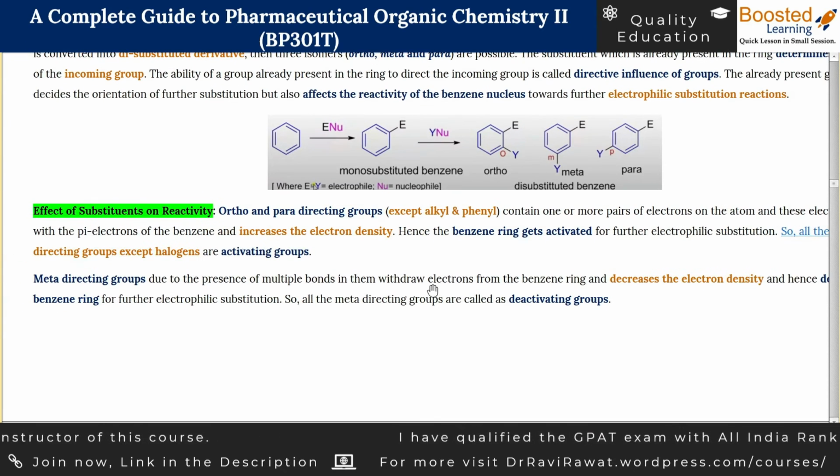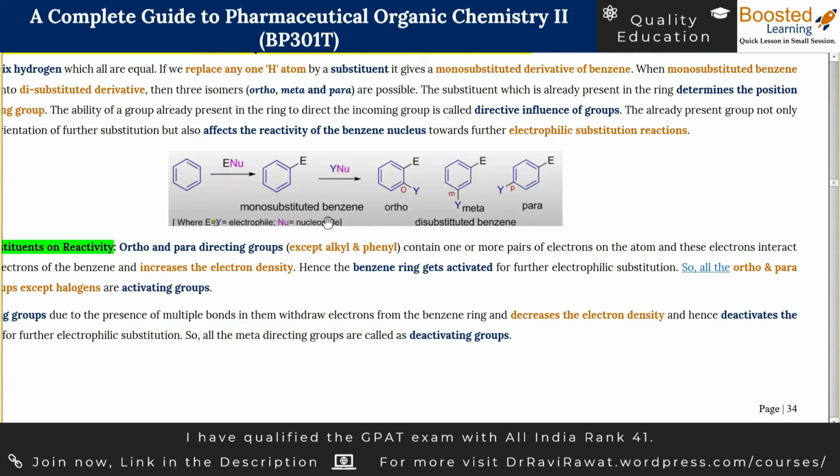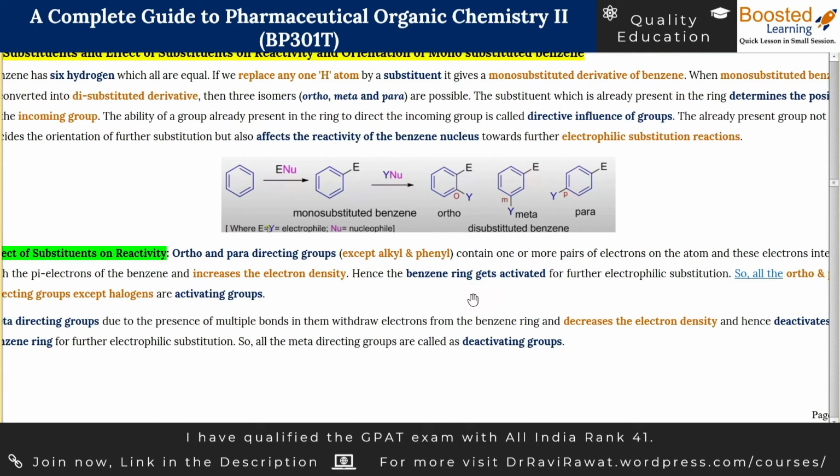Okay, how is it done? The ortho-para directing groups increase the electron density on the benzene, so they make the benzene more nucleophilic. As we have already studied, the benzene acts as a nucleophile and the reagent acts as an electrophile. That is how the two are reacting with each other. So anything which makes benzene more nucleophilic is always going to increase the rate of the reaction, because that will favor the reaction.